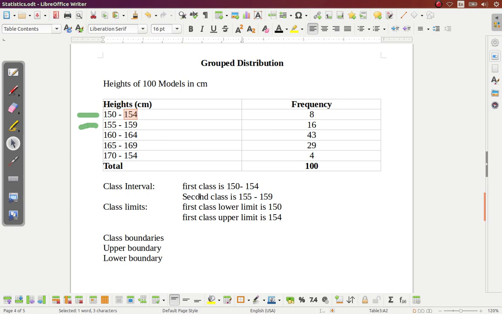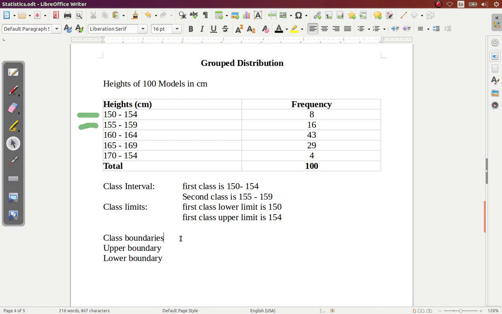Okay? The class interval is 150 to 154. For the second class, the class interval is 155 to 159. You see that? So, those are the class intervals.